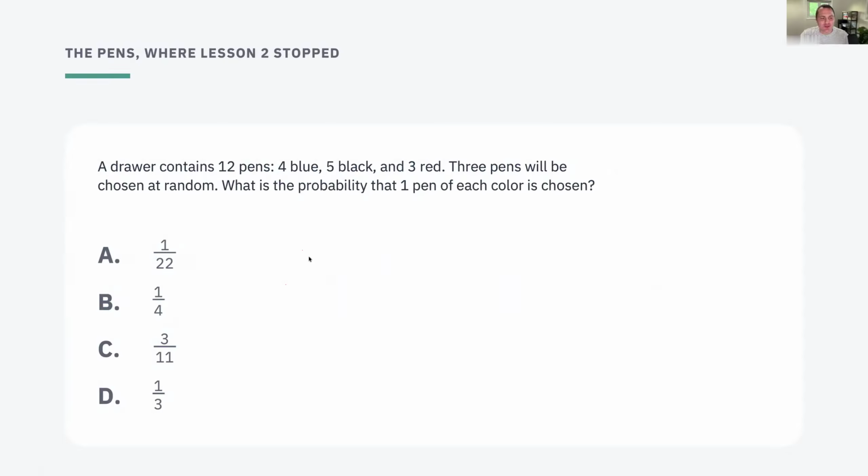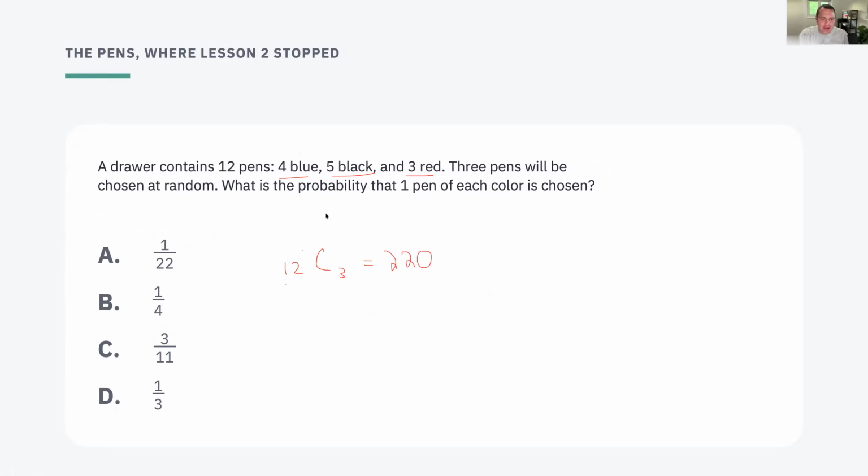In our last session, we talked about the idea of a combination. If I said to myself, okay, I have 12 pens in total, and I'm choosing 3, that will give me the number of groups of 3 that I can make. That's 220. If, on the other hand, I just wanted to know the total possibilities that you could arrange these in different ways, you would just do the dash method, which is 4 times 5 times 3.